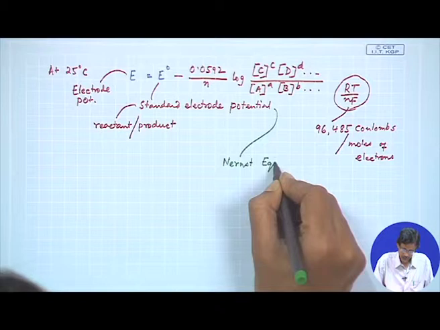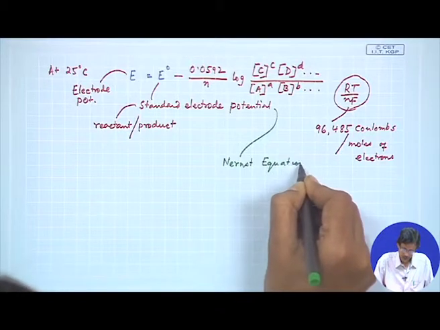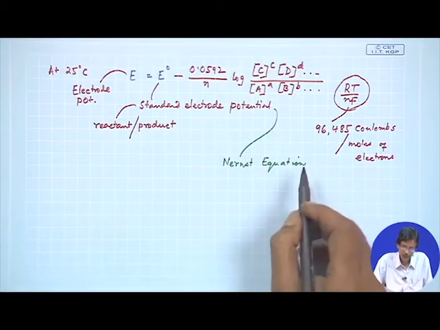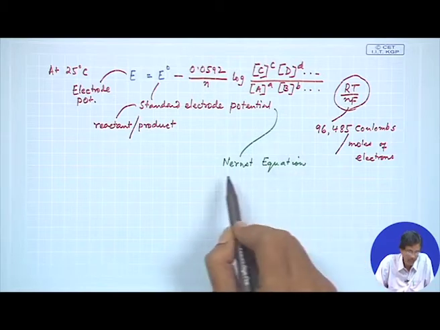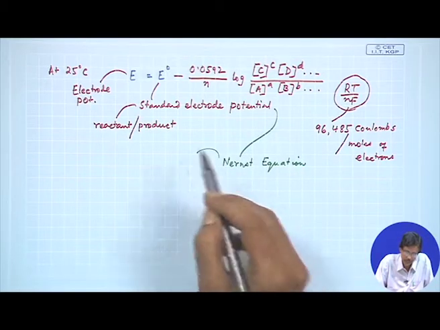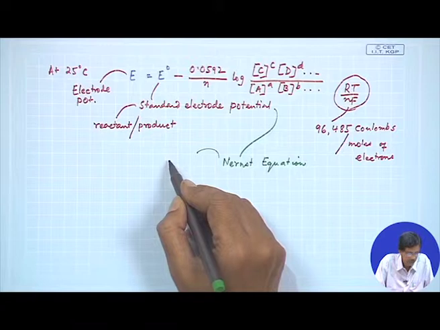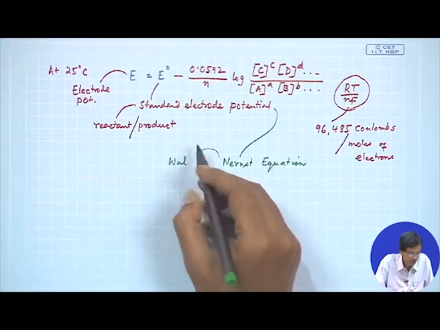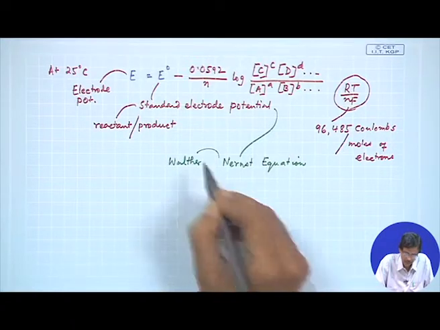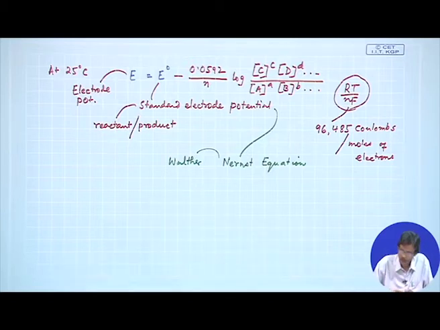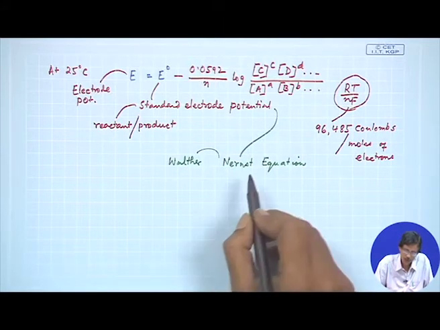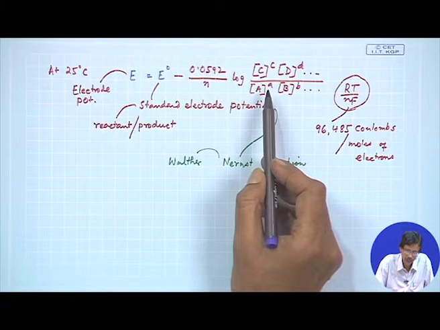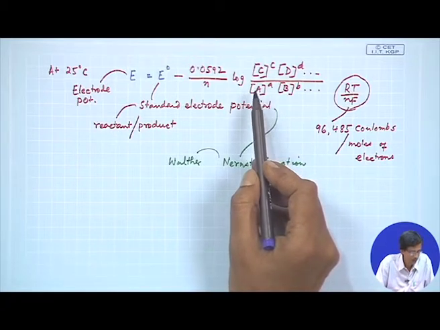It describes a situation tending towards equilibrium and is named after Walther Nernst, a German, who gave us the idea for this relationship. In honor of him, we name this equation the Nernst equation.